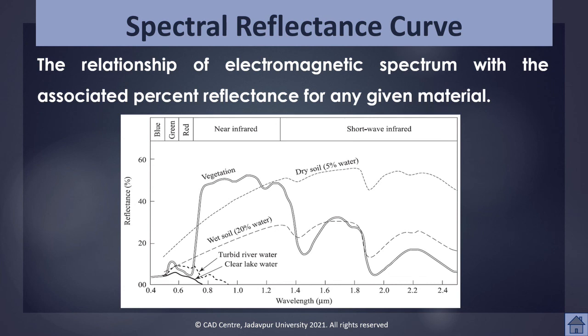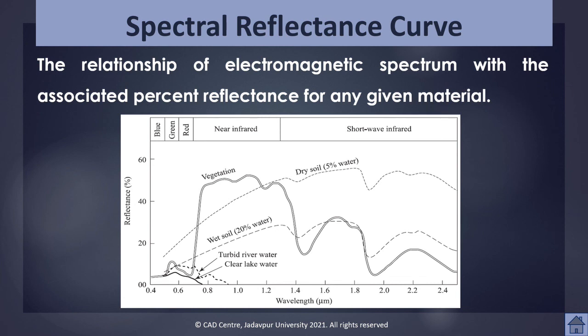We can see from these examples that depending on the complex makeup of the target that is being looked at and the wavelengths of radiation involved, we can observe different responses of the mechanisms of absorption, transmission, and reflection. By measuring the energy that is reflected or emitted by targets on the Earth's surface over a variety of different wavelengths, we can build a spectral response of that object.